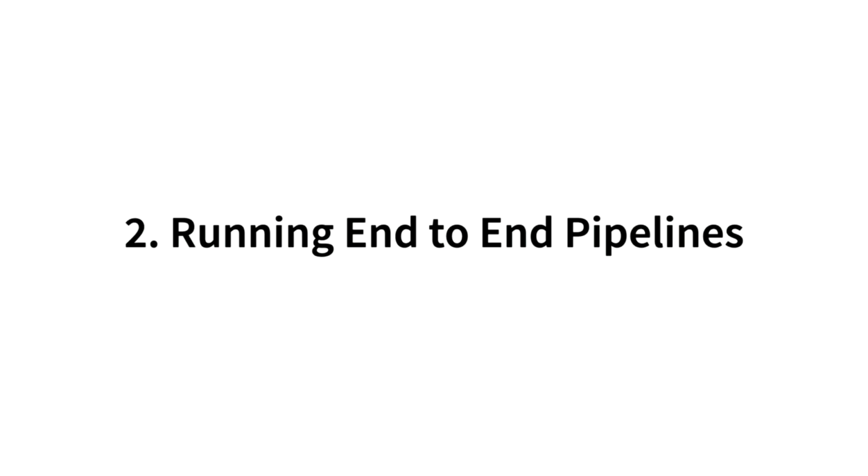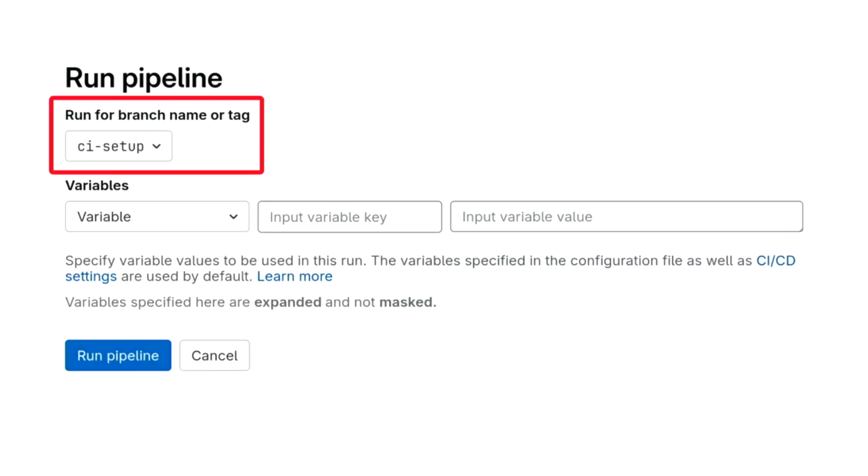So if linters are lacking due to not testing end-to-end, why don't we instead try running an end-to-end pipeline before merging changes? Well, the good news is that GitLab lets us run a pipeline from a particular branch, such as the one that is introducing the CI config file changes.